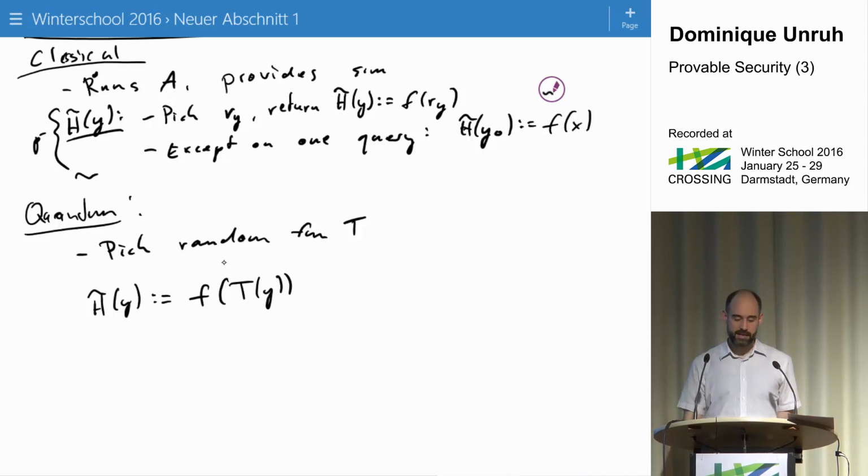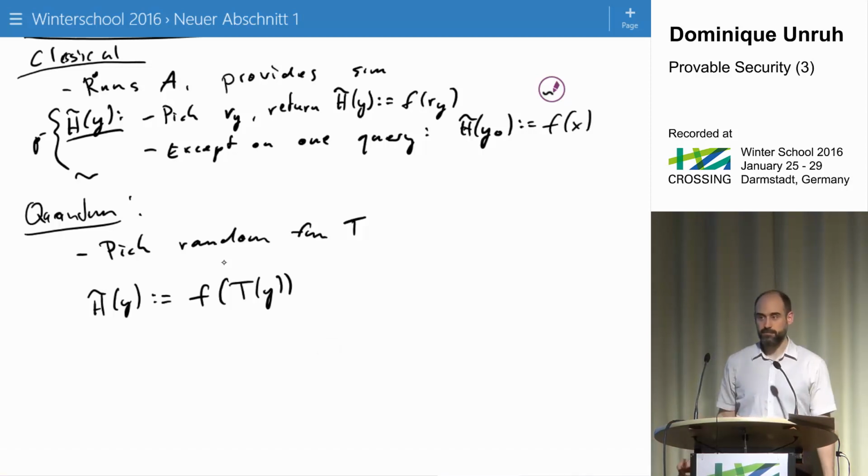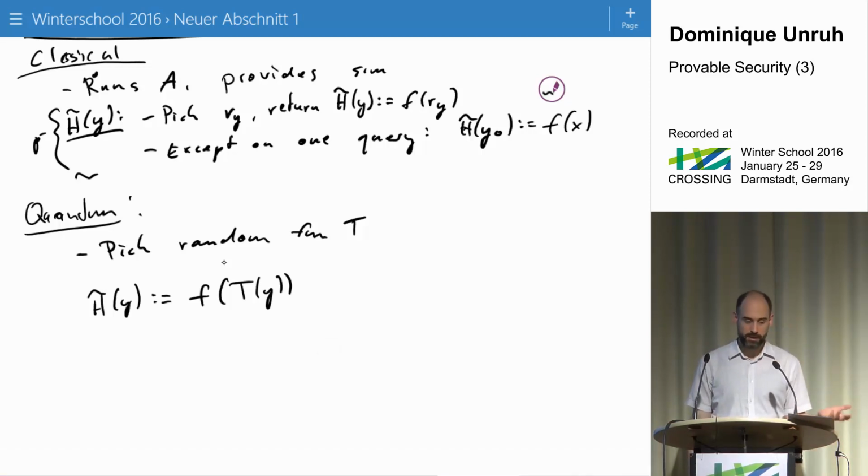Now that's the same as what we did here in the first step. It means for every input y, there's an independently random ry that we would get as an answer. So ty is like the ry above. It's a uniformly random value, and f of t of y is f of something uniform, so it's uniform.